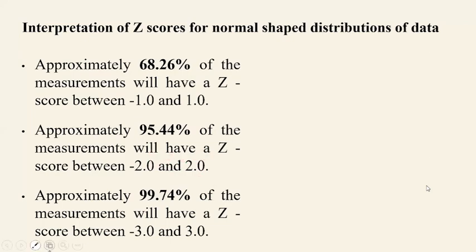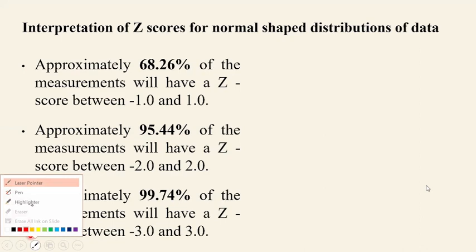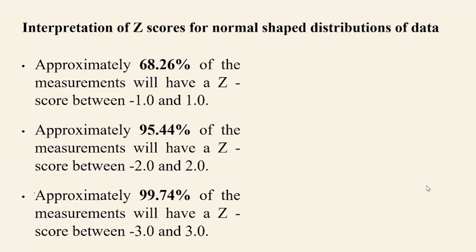When we represent these points on a curve, this is Z. This is the mean value 0, and the standard deviations are -1 and +1.